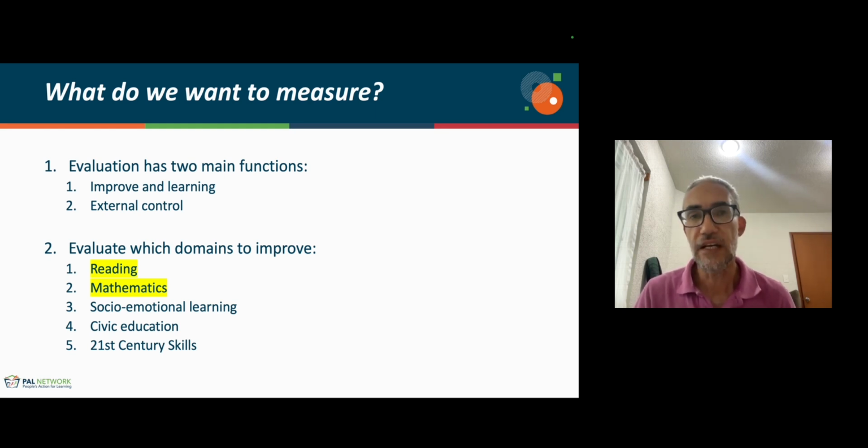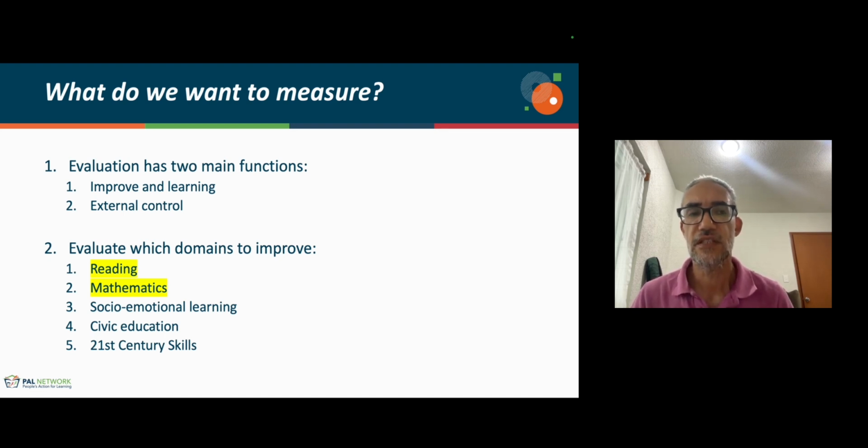One is improvement and learning: evaluation helps us learn about our weaknesses and strengths. The other function is related to external control. In the Mexican case and in the citizen-led assessment approach, we believe that improvement and learning is the main function this kind of evaluation serves.